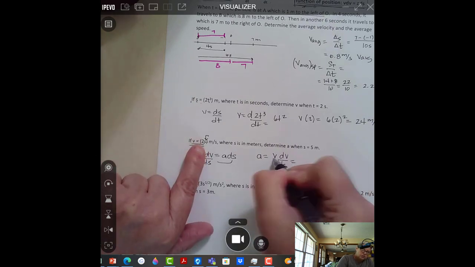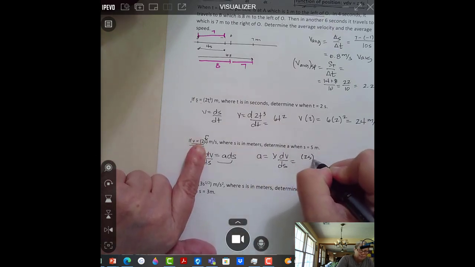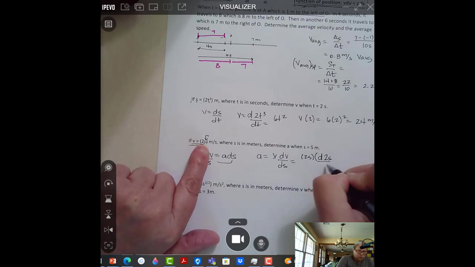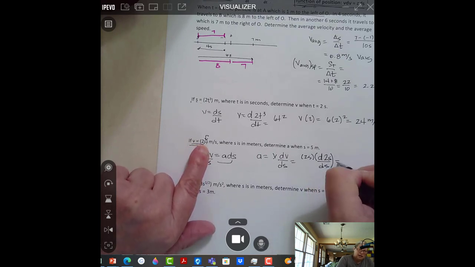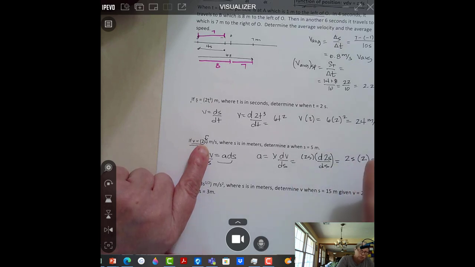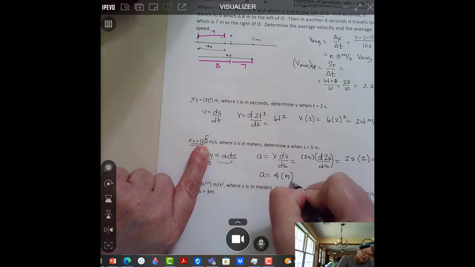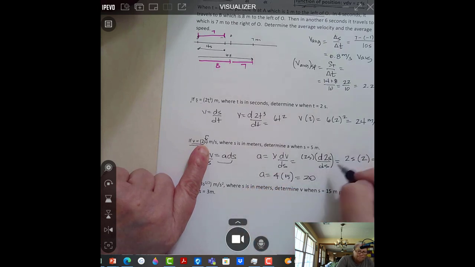Now I have an equation for velocity of 2s, and I can take the derivative of 2s with respect to s, and I get 2s times 2 equals 4s, so my acceleration is 4 times 5 equals 20 meters per second squared. Okay?